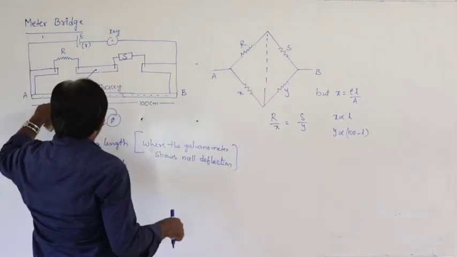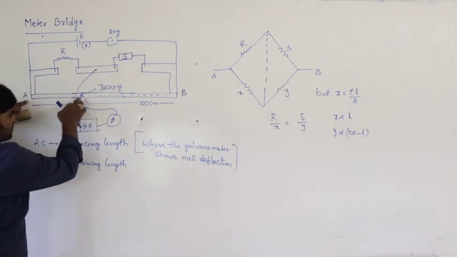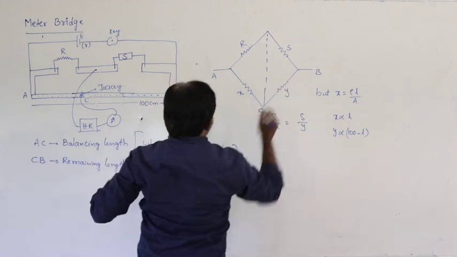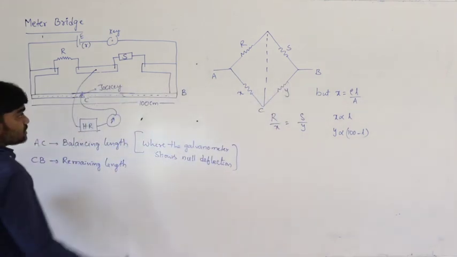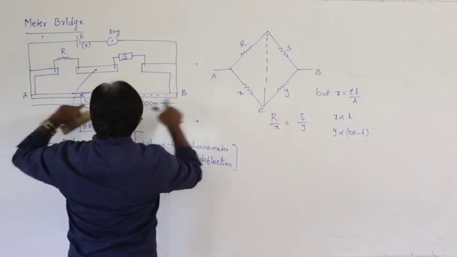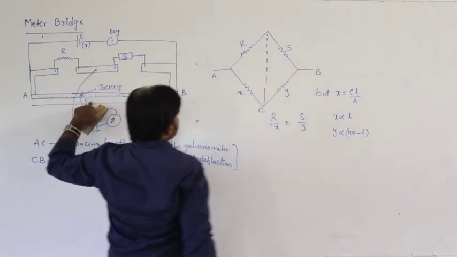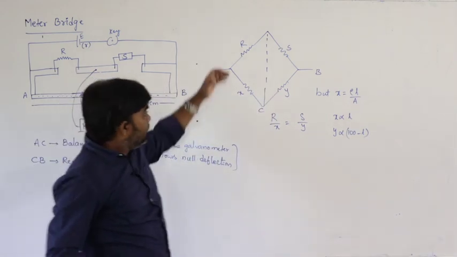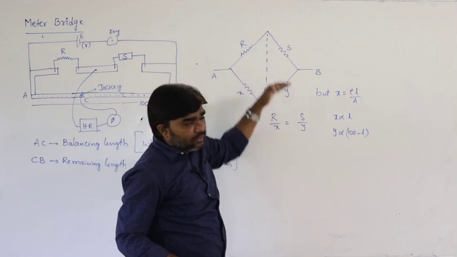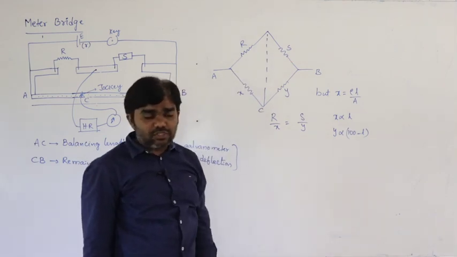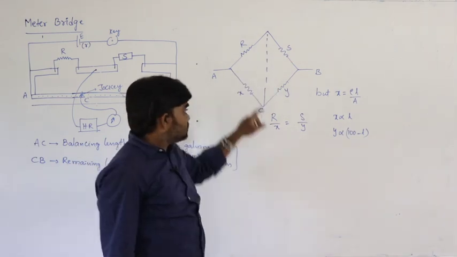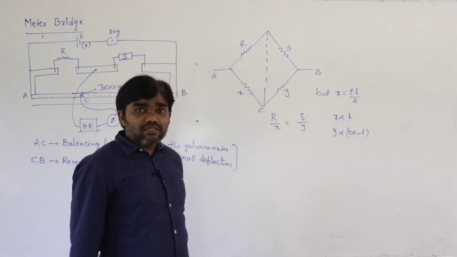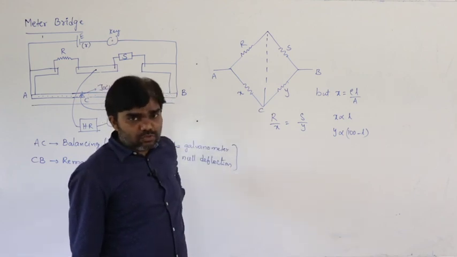This is R, and the resistance of the AC part is considered as X, and the resistance of the CB part is Y, and it is S. According to the Wheatstone bridge condition, P by Q is equal to R by S. That's why R by X is equal to S by Y.